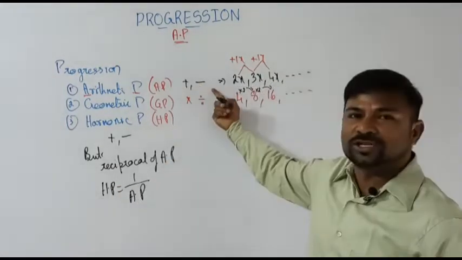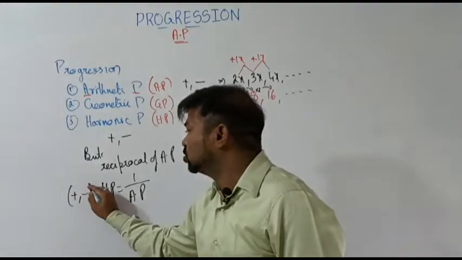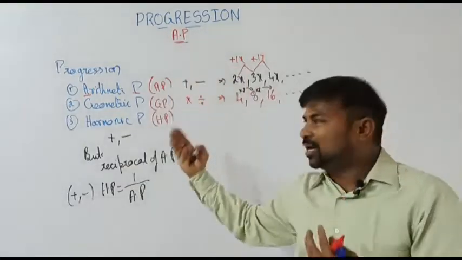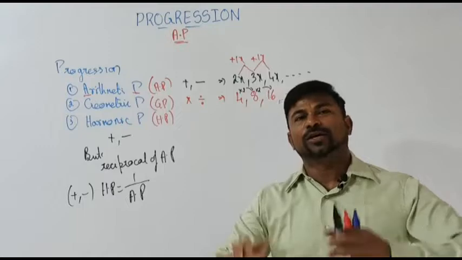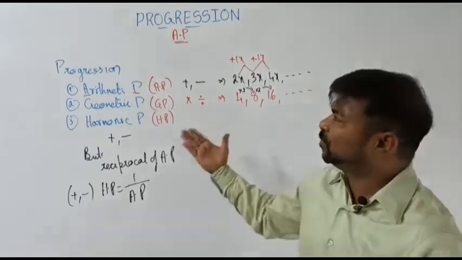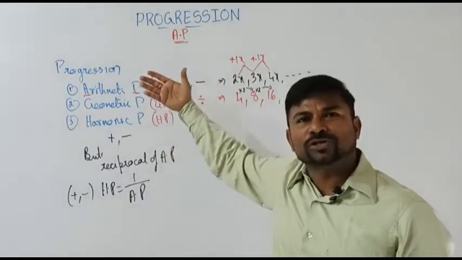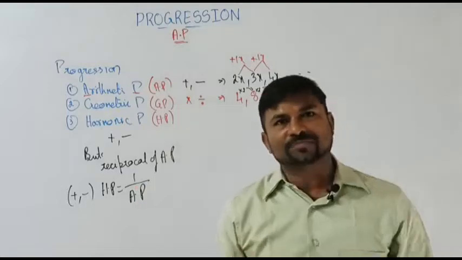Whatever relations you have in AP, the same are seen in HP also. Why? Because as plus and minus are there in AP, we come to HP in the same way. So this is the general thing we have in progression. The types of progressions are arithmetic progression, geometric progression and harmonic progression. These are the three types we can find.